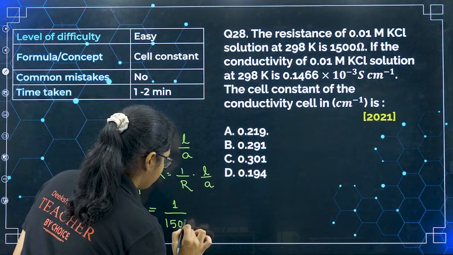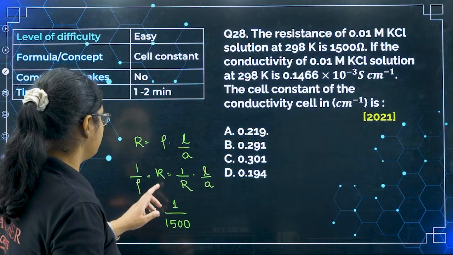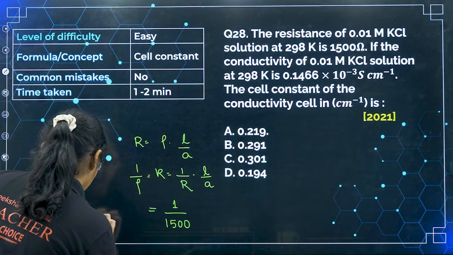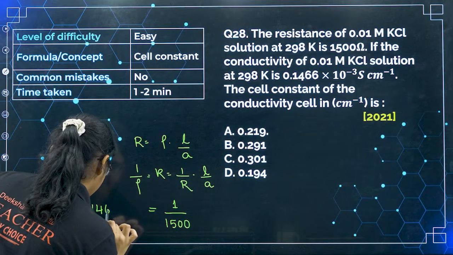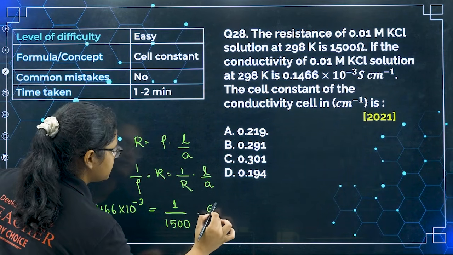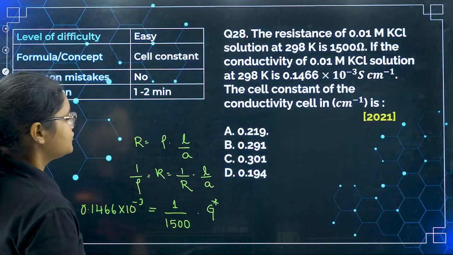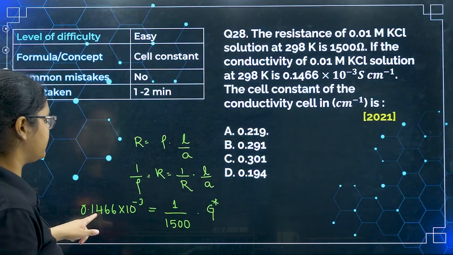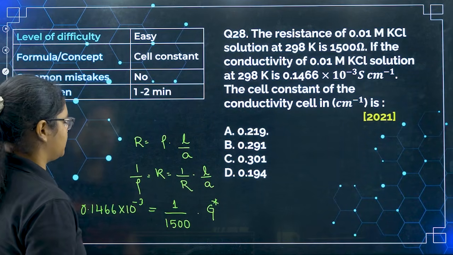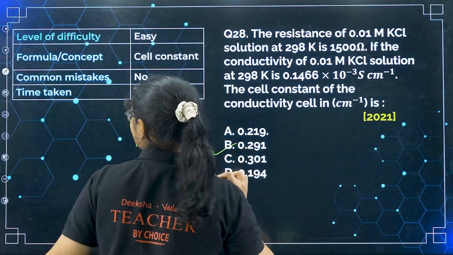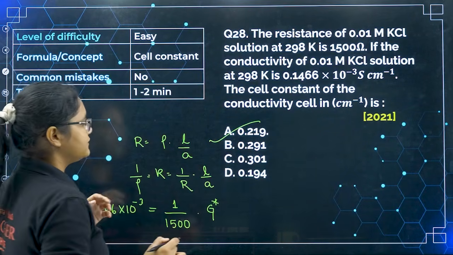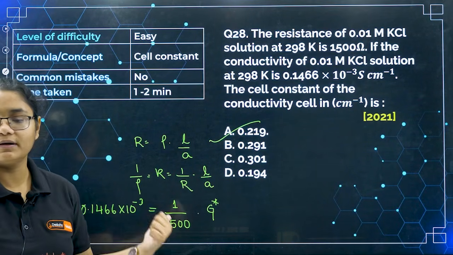And what is the kappa value? Kappa value is 0.1466 into 10 to the power of minus 3. And this is the cell constant or G star. So you just have to multiply 1500 on this side, and if you multiply, you will get 0.219. Just calculate this, you will see that it gives you option number A.